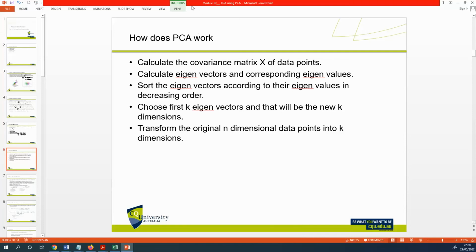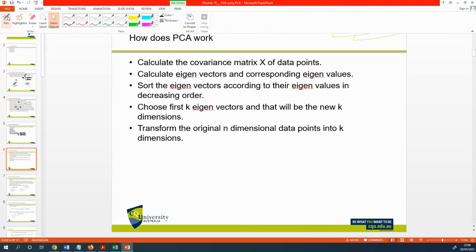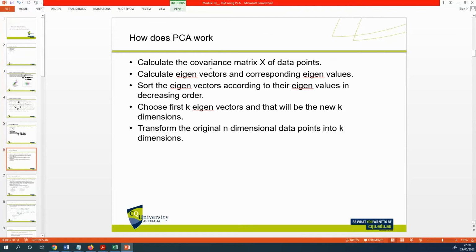So how does PCA work? First, we calculate the covariance matrix of the data points, and then calculate the eigenvectors and eigenvalues. After we have the eigenvectors and eigenvalues, we sort the eigenvectors according to the eigenvalues in decreasing order, and then choose the first k eigenvectors, and that will be the new k dimensions.